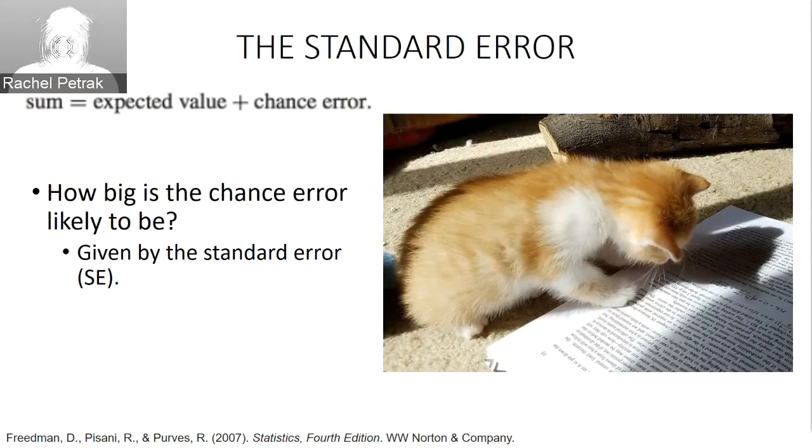So this is the major topic of our last unit, and a very important idea in statistics. And all of those calculations will go back to, in one way or another, the standard error.